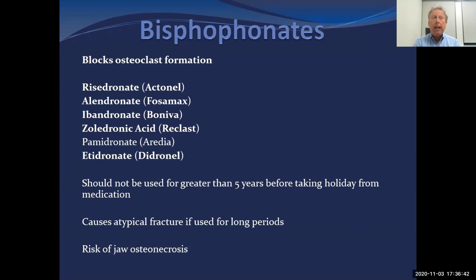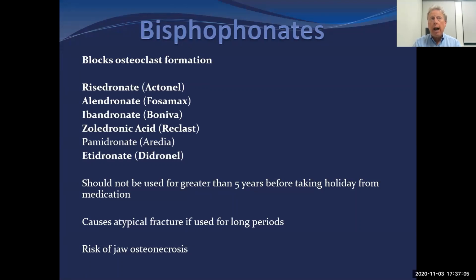If you remember back at my little cartoon, there were cells called osteoclasts that broke down bone, and that balance gets out of whack as you go on in life and go through menopause, or for whatever reason. So what do bisphosphonates do? Well, they block osteoclast formation.